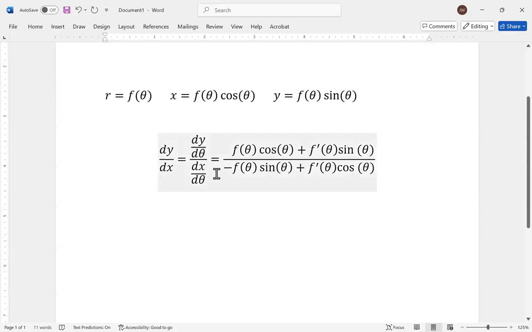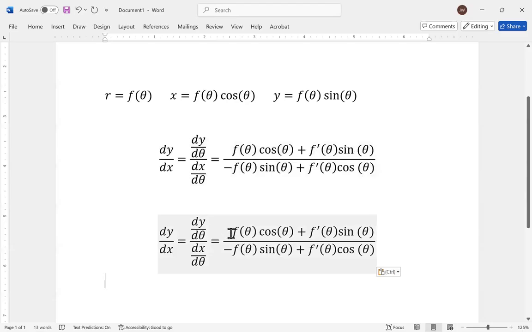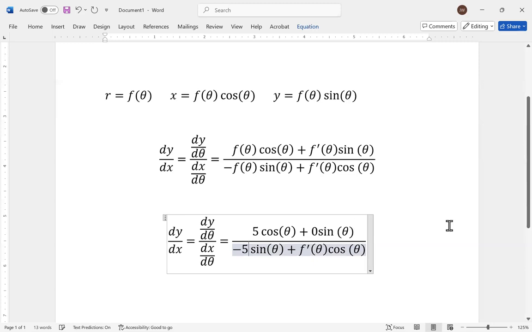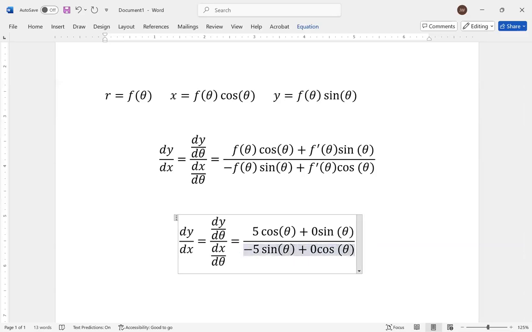If I want to plug that into this formula, let's go ahead and take the formula. I would say my function is 5. The derivative of my function is 0. Notice what that does.